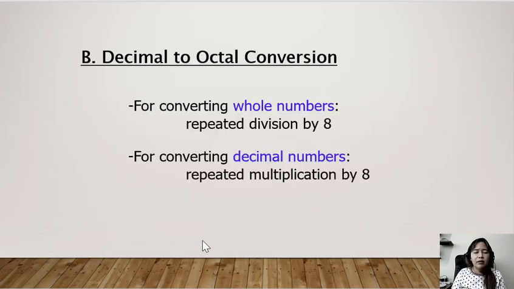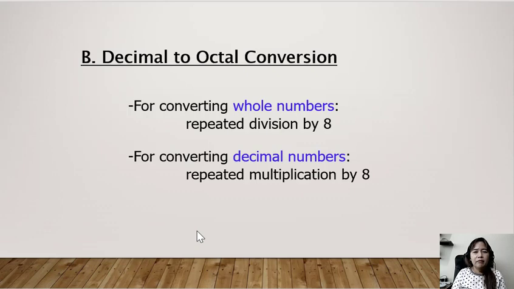Okay, now let's move on to learning how to convert decimal numbers to octal form. For whole numbers, you simply convert by dividing continuously by 8, and for a decimal part, you multiply it by 8.